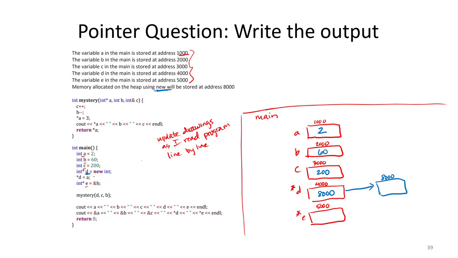Remember, since d is a pointer, d is going to hold the memory address 8000 where the new int was created. So notice here, my pointer d is going to be pointing to that new int.